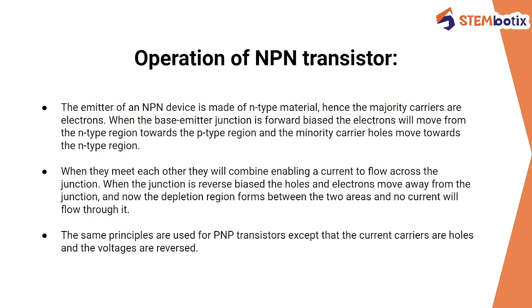When the transistor is reverse biased, the holes and electrons move away from each other, there will be a depletion region between the two areas, and there will be no current flow. Hence, in forward bias there is current flow, and in reverse bias there is no flow of current.